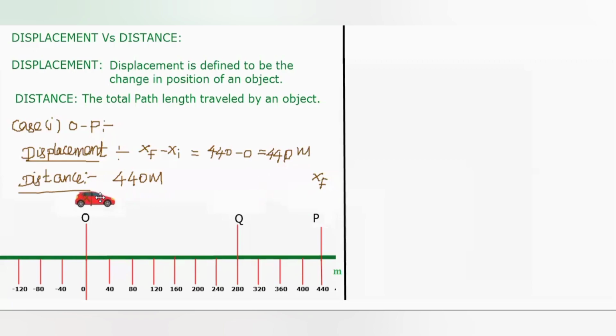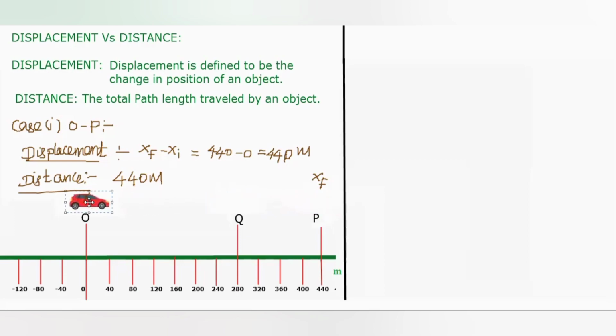It means that initially the car, that means the object, is at the origin. Then from that origin, it is going to move to the position P. After that, it returns back to Q. Have you understood?